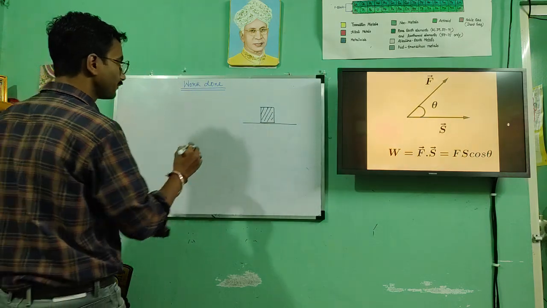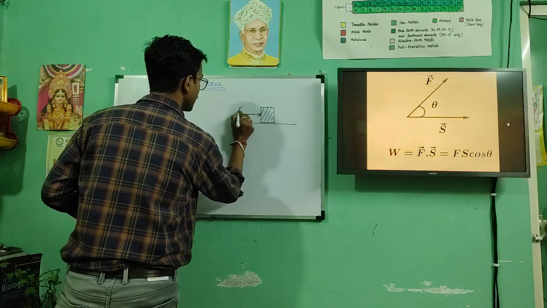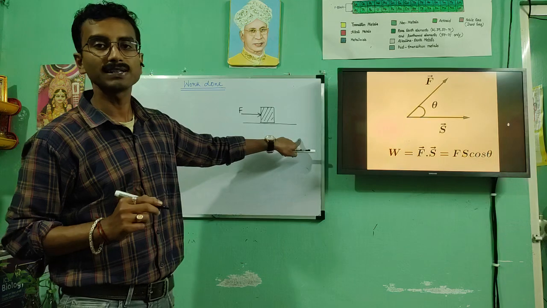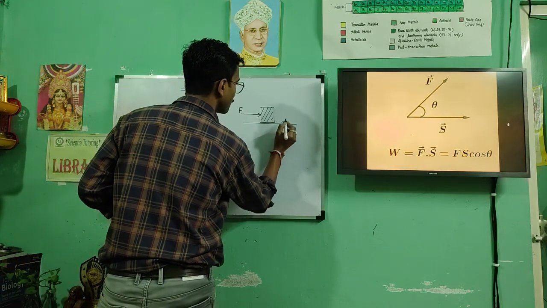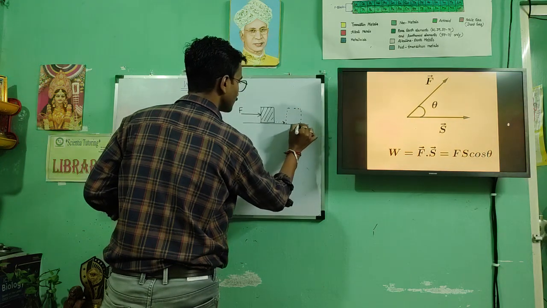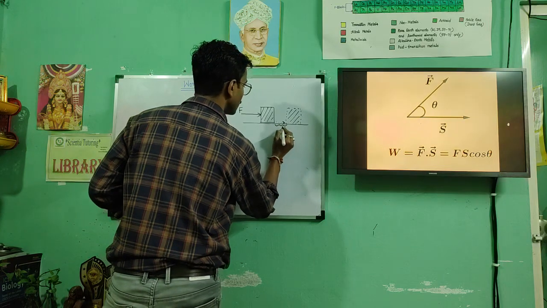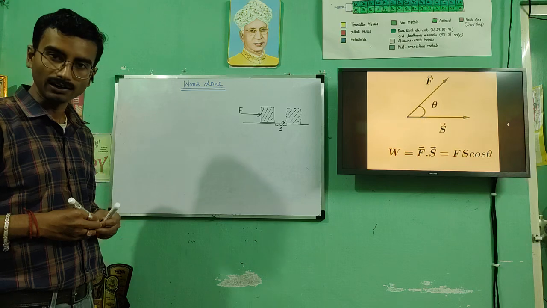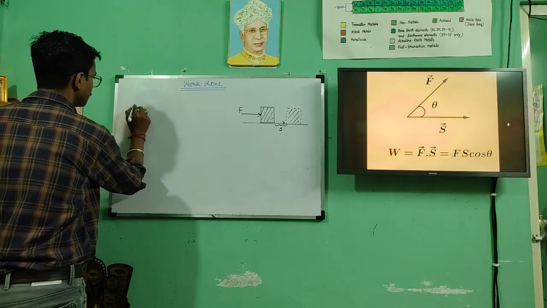Here, if we apply a force F on the object, and the object displaces its position, suppose it is displaced up to here, then we say that we have done work. Clear?